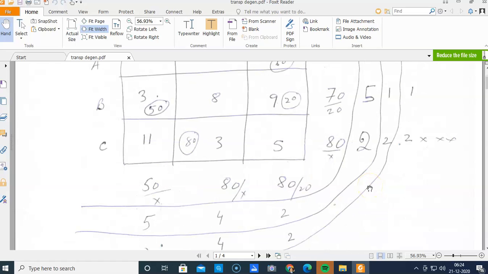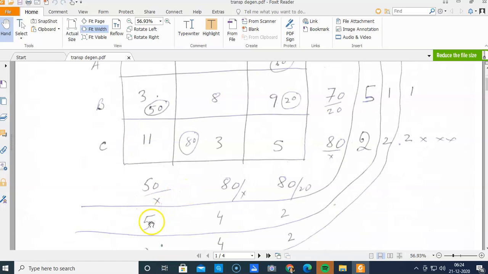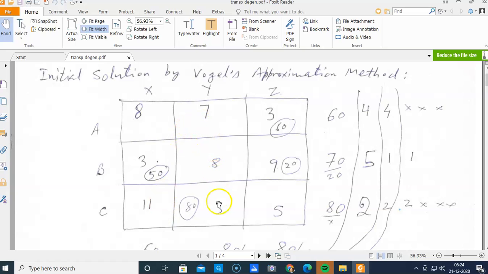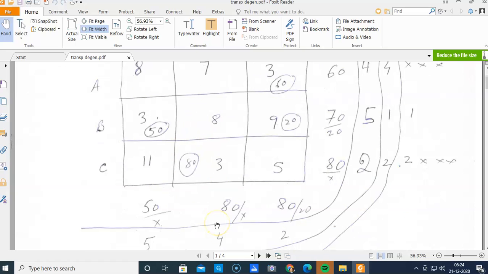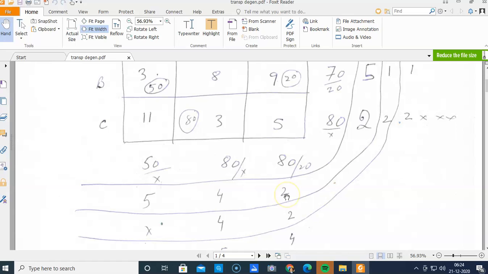Similarly column wise, we can see 8 minus 3, 5, and then 7 minus 3, 4, and 5 minus 3, 2.